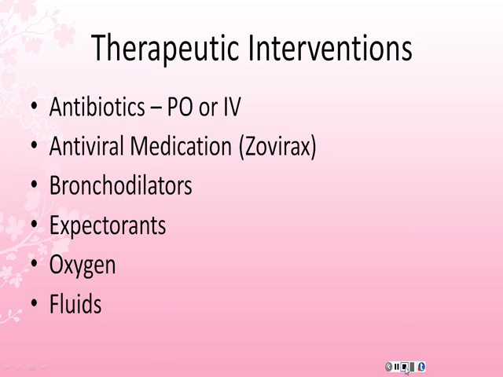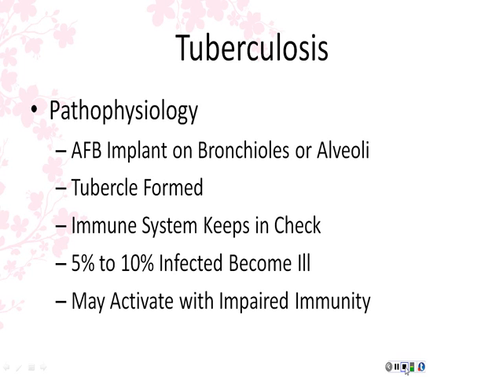So tuberculosis, this is an acid-fast bacillus, which implants in the bronchioles or the alveoli. A tubercle is formed from the immune system response, which surrounds the infected area with neutrophils and macrophages, creating a lesion which seals off the bacteria, and this causes the bacteria to die, or it can just become dormant, which again can be reactivated anytime the immune system is impaired.